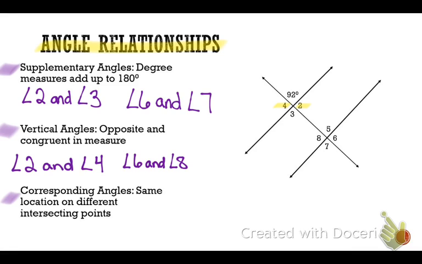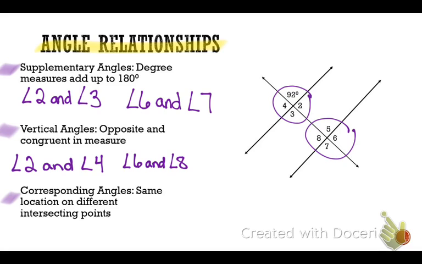All right, now let's talk about the last one. Corresponding angles are in the same location on both intersecting points. So we have one intersection up here and another intersection down here for the transversal. So on 2 separate intersecting points, they're in the same location.